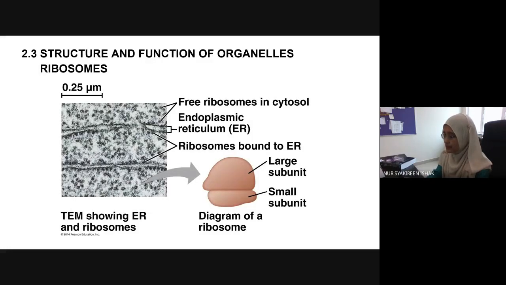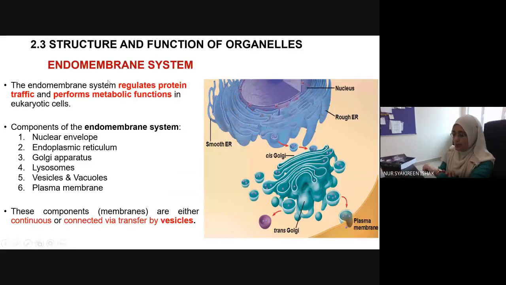Here this is the rough ER, where you have bound ribosomes attached to the membrane of the rough ER, facing the cytoplasmic side, not in the lumen. This is the lumen of rough ER. We call it the cisternal space.